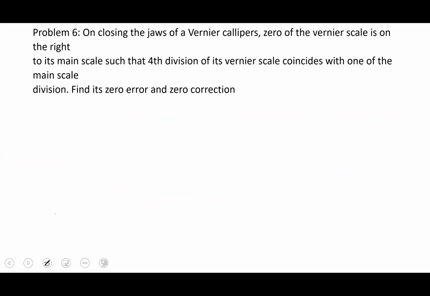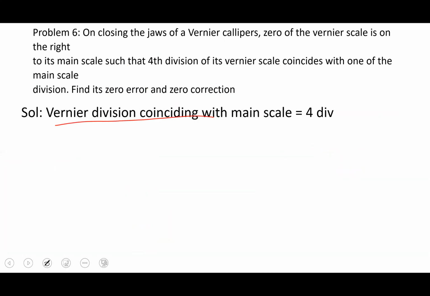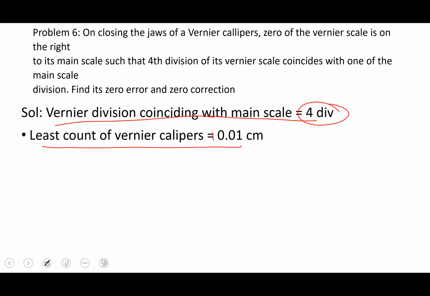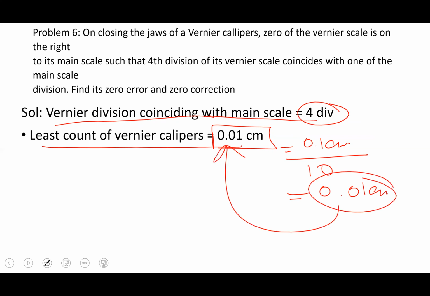So let us write it down clearly. The vernier division coinciding is the fourth division. For the least count, the main scale value is 0.1 centimeter, and the total deviations on the vernier scale were 10. If we divide, it is written as 0.01 centimeter.